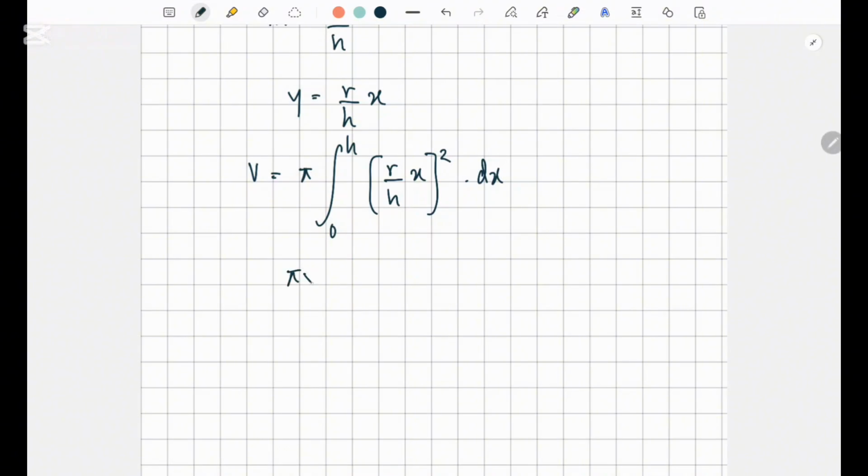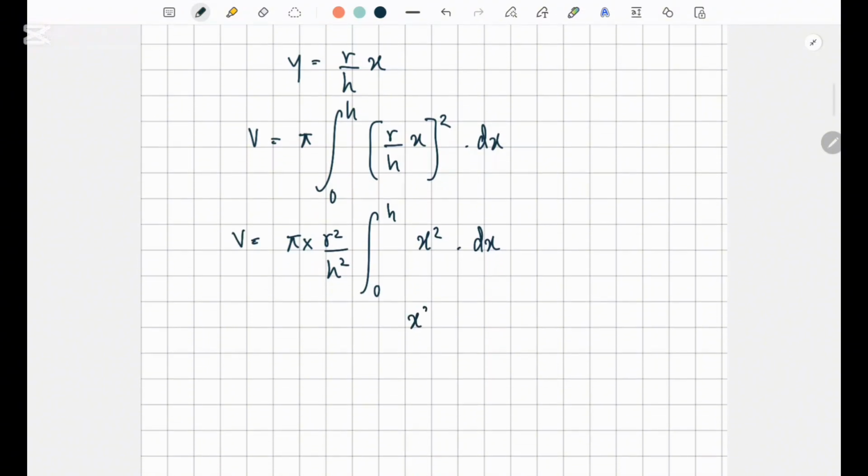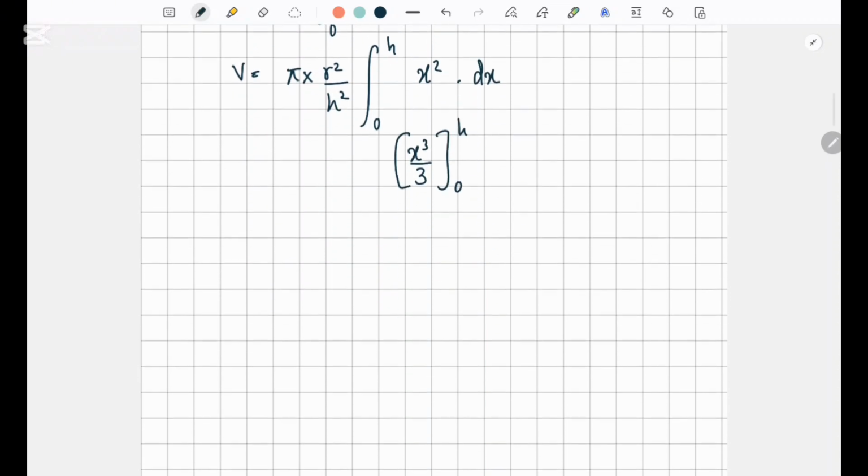So you write pi into r squared over h squared, integral from 0 to h of x squared. The integration of x squared is easy, it's x to the power 3 over 3. You put your intervals 0 to h, so it's h to the power 3 over 3. Now you multiply them with the constants. You can see the h terms cancel off, so you have r squared h pi over 3. Now this is your volume.